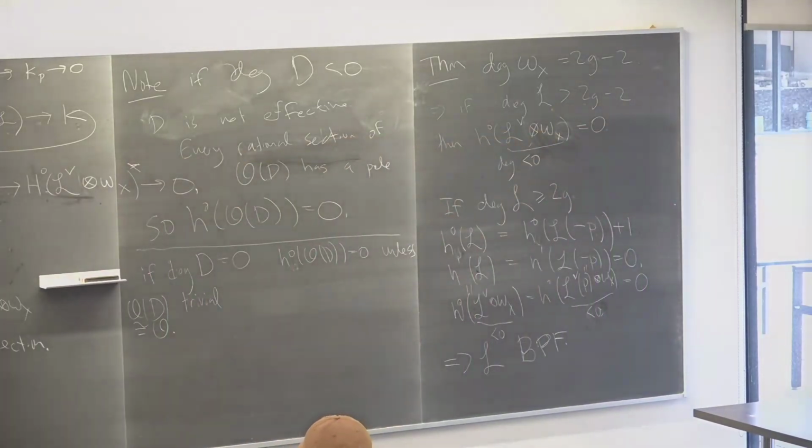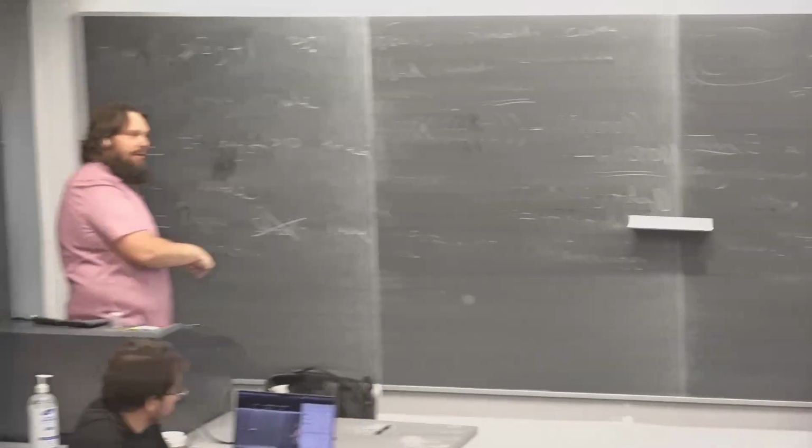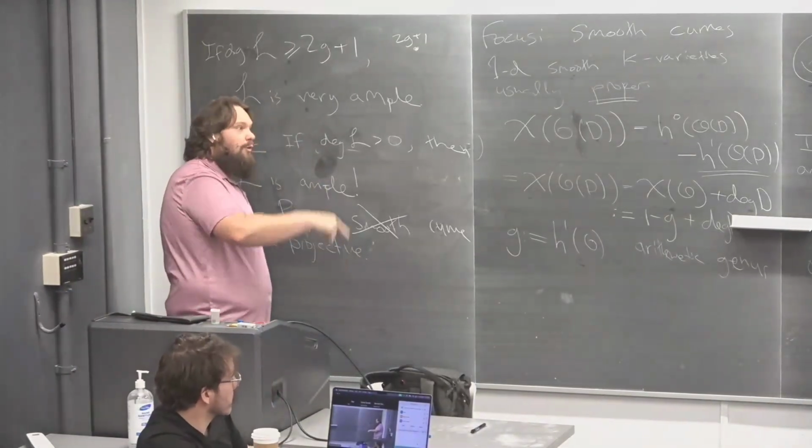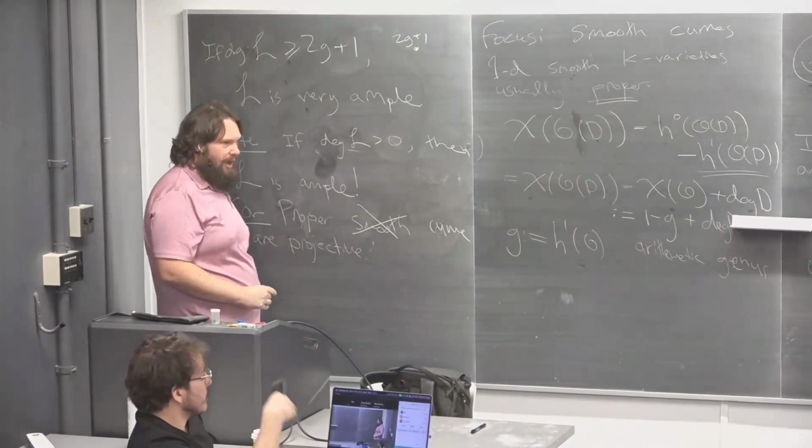So if I have degree 2g plus 1, then removing 2 points will give me something of degree 2g minus 1, which I still know has vanishing higher cohomology.